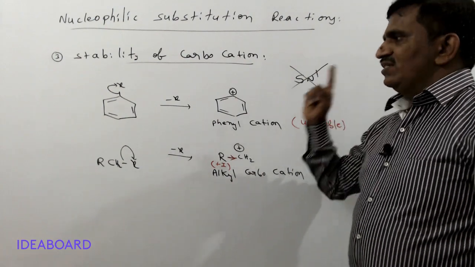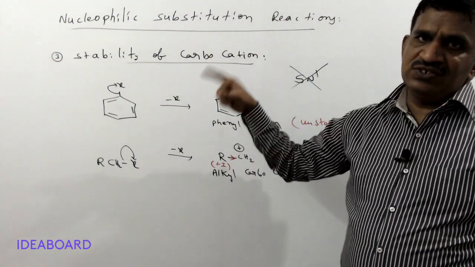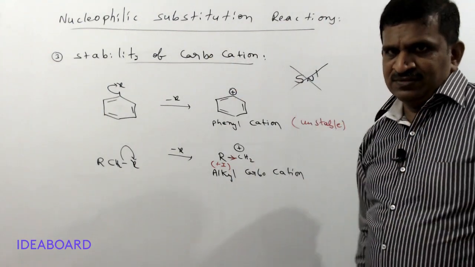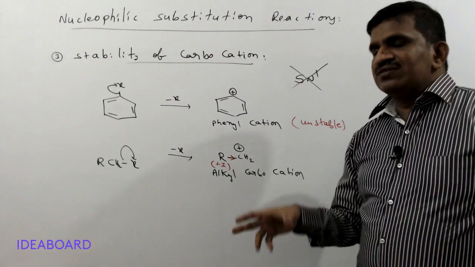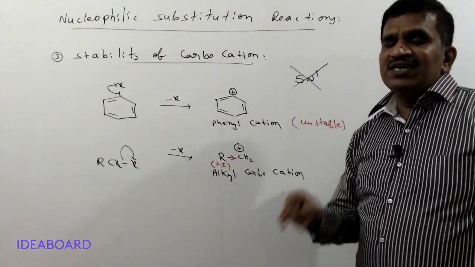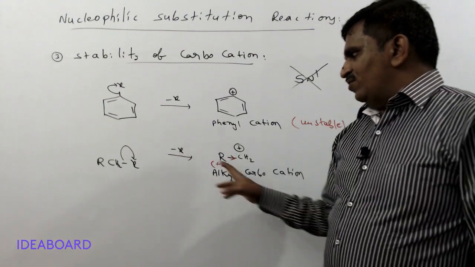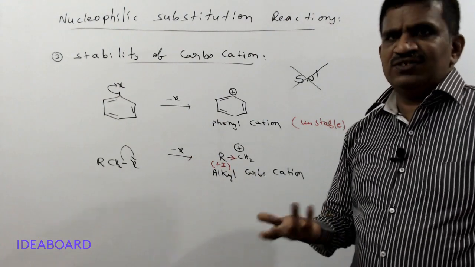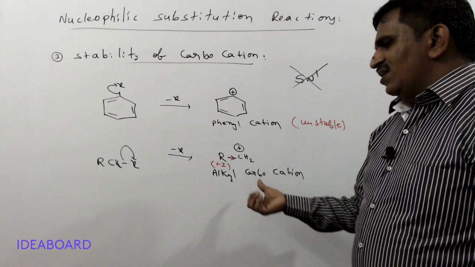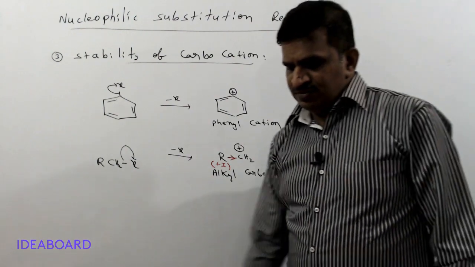So SN1 reactions are completely ruled out in nucleophilic substitution reactions of aryl halides. If there is a chance, they will go for SN2 reactions only, not SN1. And second, alkyl carbocations are stable. If they are stable, they can proceed either by SN1 or SN2 reaction.